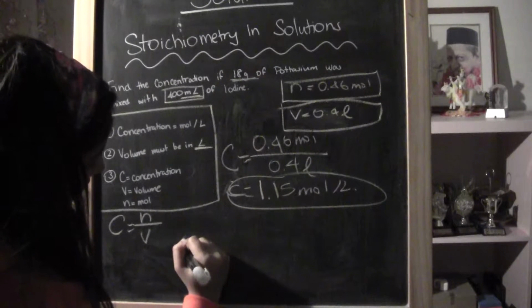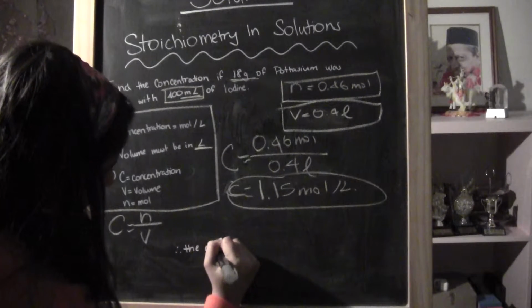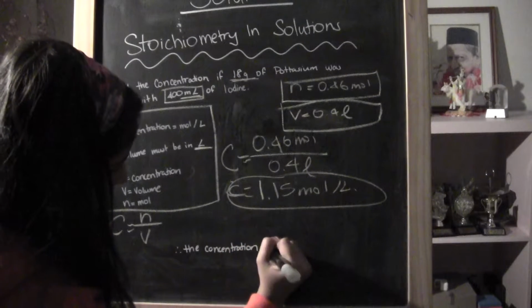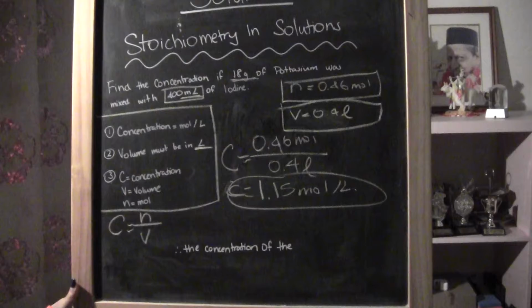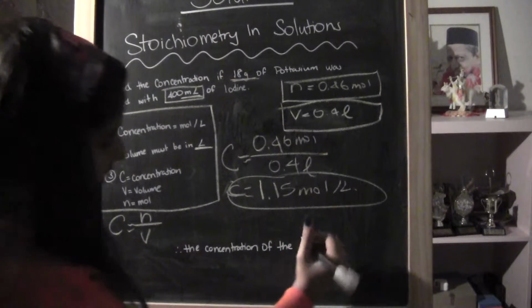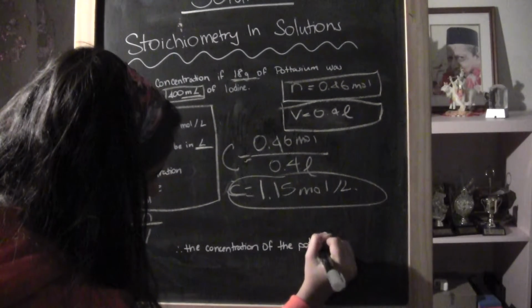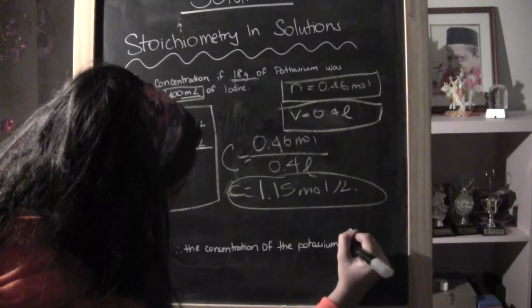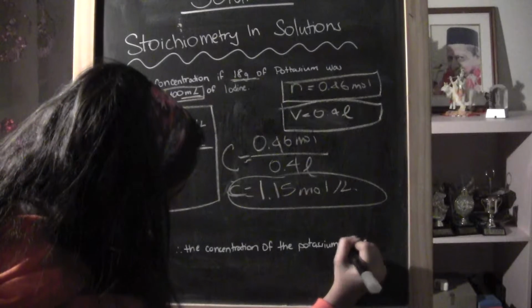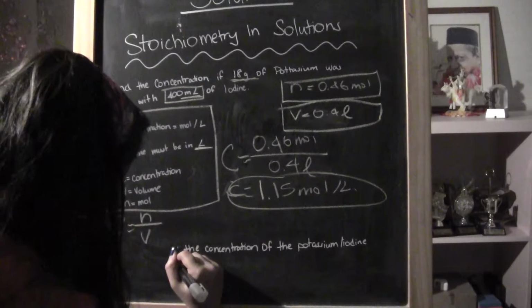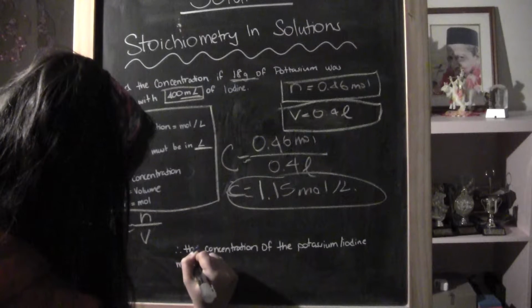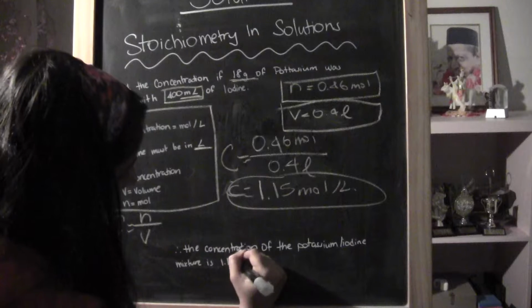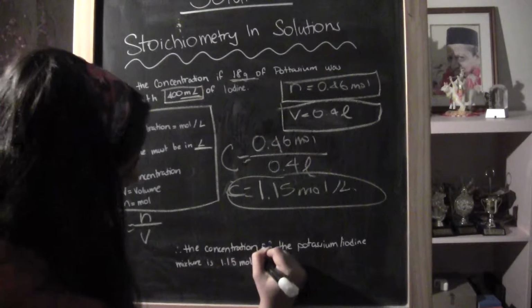Therefore, the concentration of the potassium iodine mixture is 1.15 moles per liter.